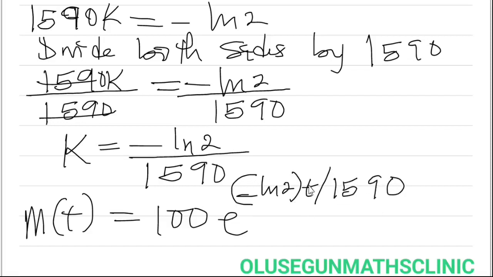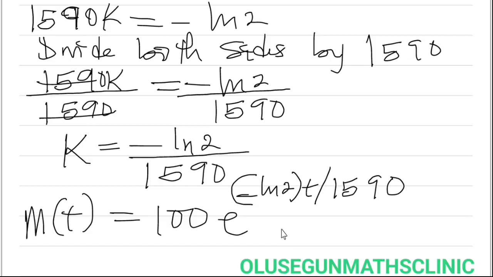Minus ln 2 and t are both in the numerator, and it is only the 1,590 that is in the denominator. So we are able to solve question A. This is the answer.